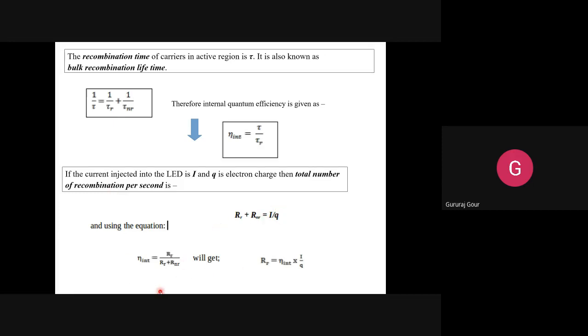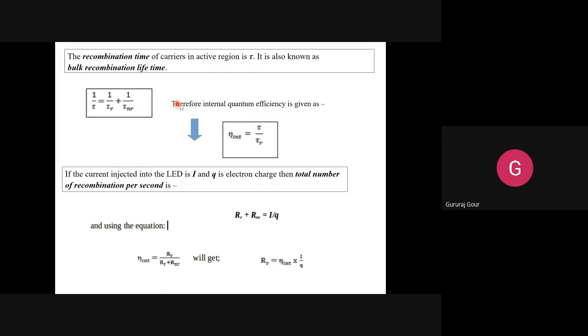And by using the previous internal quantum efficiency equation, you can substitute for RR plus RNR here, and you will get this. That is RR equal to the internal quantum efficiency times I by q. Simple manipulations.